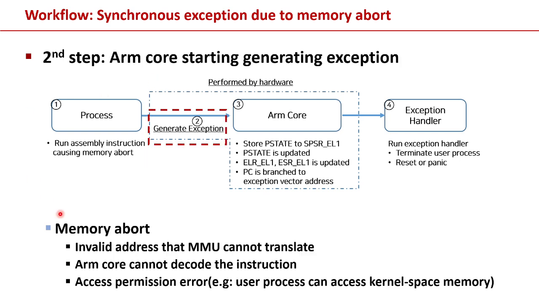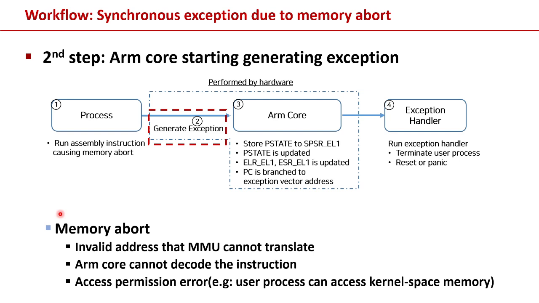In order to understand memory abort, you need to understand the operation of the MMU. MMU stands for Memory Management Unit. The main job of the Memory Management Unit is to translate the virtual address into a physical address. During the operation, if the MMU cannot translate the virtual address due to various reasons, it may result in memory abort.